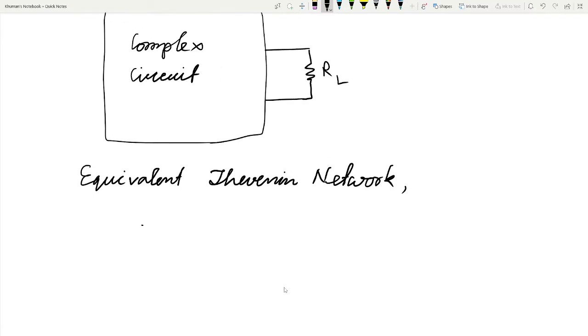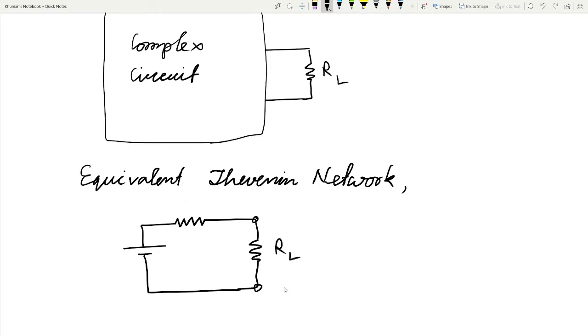It will have a resistor in series with a voltage source, and this is the terminal where RL is connected. This resistor is known as the equivalent resistance of this complex circuit, that is R Thevenin, and this voltage source is known as VTH, and it is the open circuit voltage of this load resistance terminal.